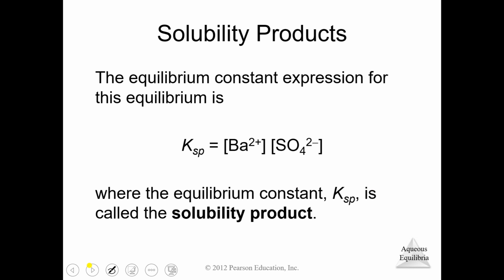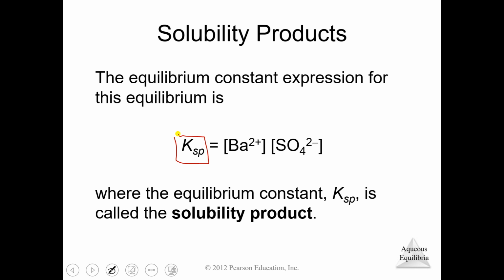When we talk about that, we talk about it mathematically in terms of the equilibrium constant expression, which is KSP, just another new K constant that we have. So far we've had KC, KP, KA, KB. Now we're going to have KSP. Each individual solid has its own value of KSP, just like each acid or base has its own Ka or Kb value.